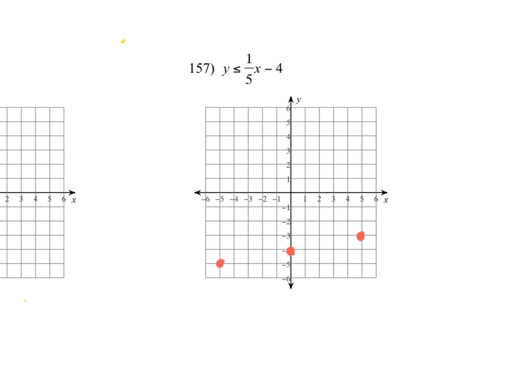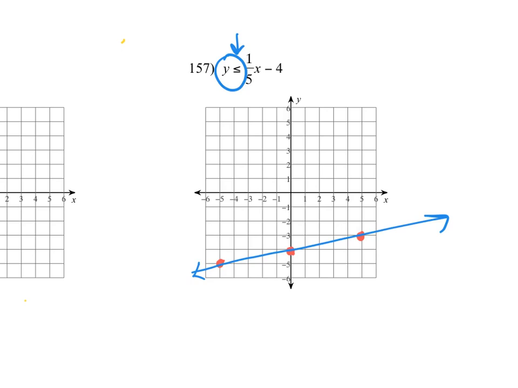Okay, so now taking a look at y is less than or greater than. So is it going to be dotted or a solid line? So in this case, it is a solid line. So we're going to connect our dots. And now we have to determine if it's shaded on top or shaded on the bottom.